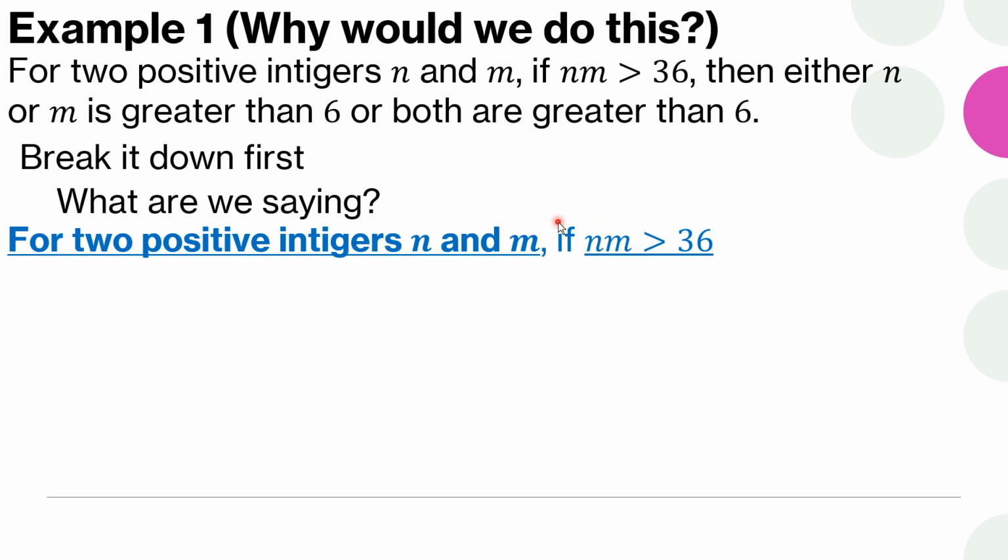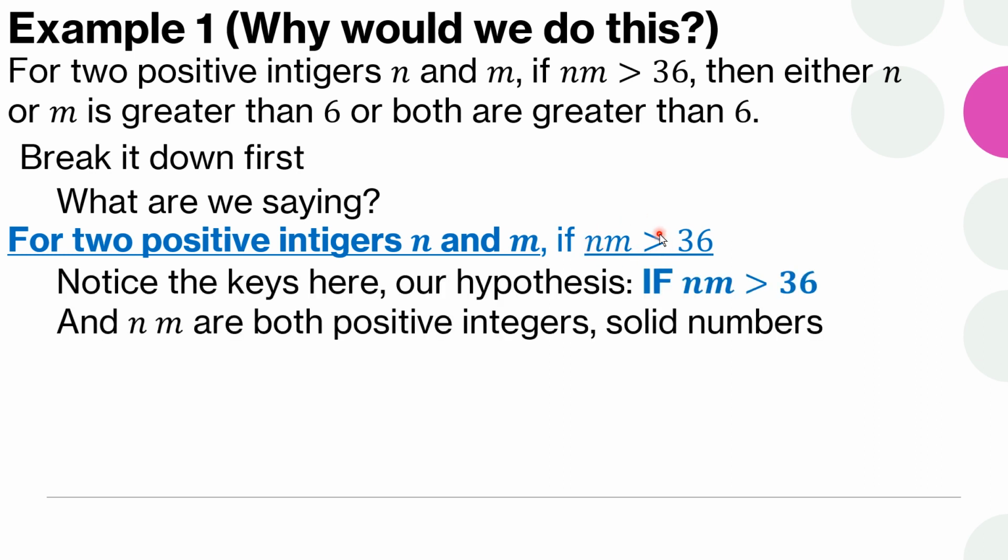What we're saying is if we have two numbers and when we multiply them together the product is larger than 36, this is our hypothesis. That's what we're saying is true. The hypothesis says if n times m is bigger than 36, and n and m are both positive integers, or basically solid numbers, that's what integers are: 1, 2, 3, 4, 5, 6, 7, 8, 9, 10, 5,633,000, who knows.